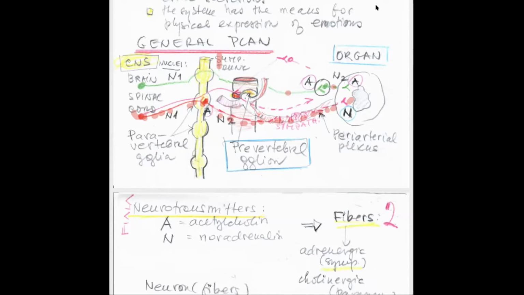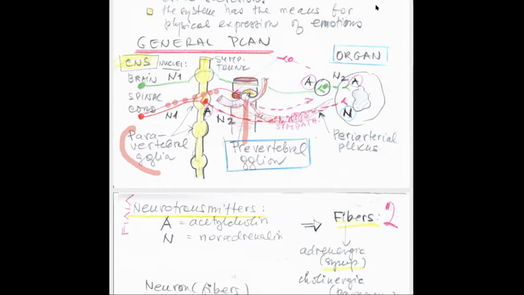If we clear completely the first explanation, we follow the second type of interconnection. The first neuron passes to the ganglion, which is situated in front of the vertebra. That means we call it prevertebral, while the previous one was paravertebral, as a pair situated on both sides of the vertebral column.